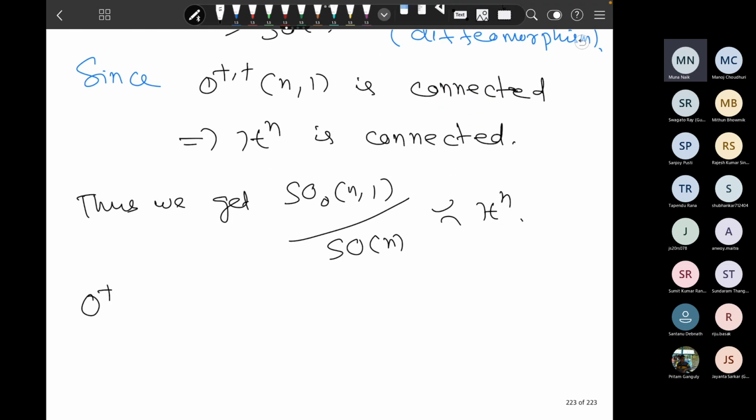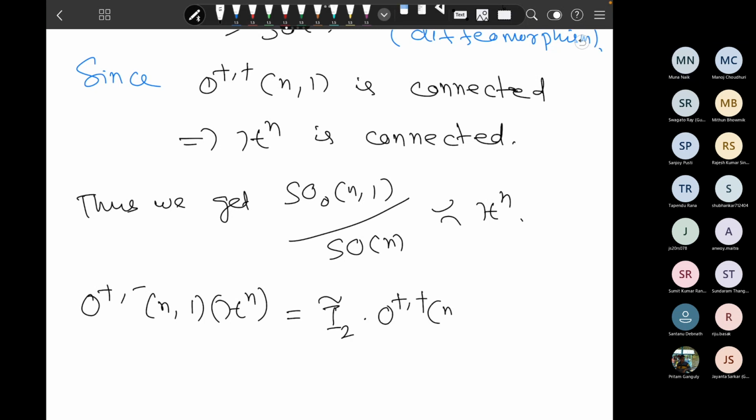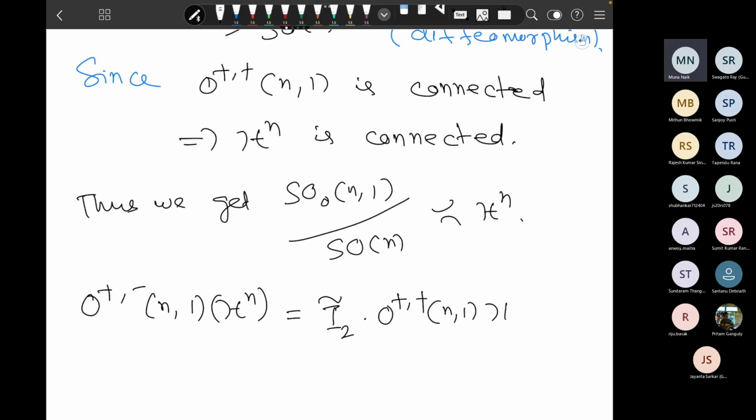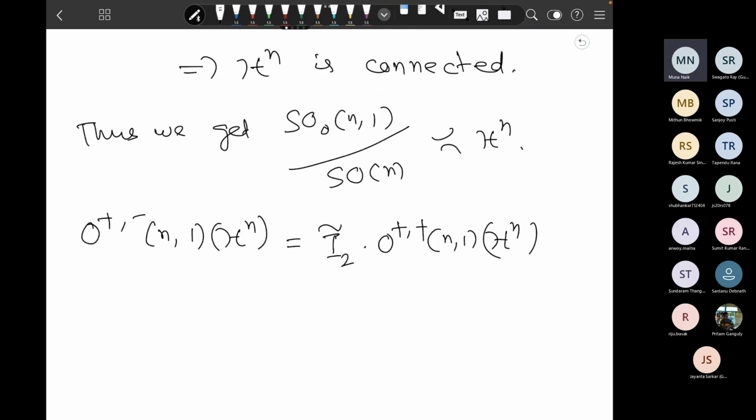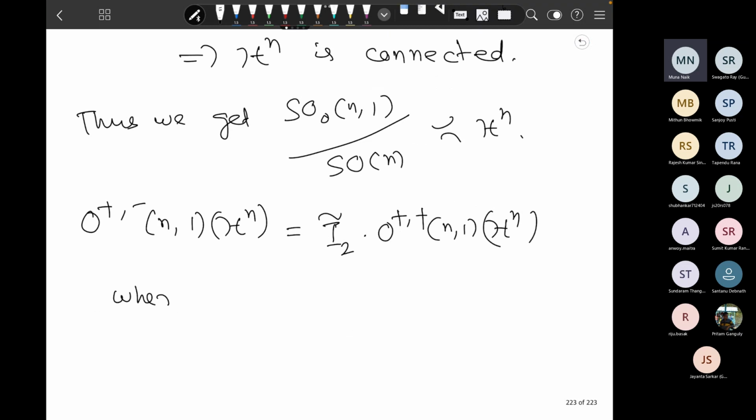Now I want to look at this O^{+-}(n,1) acting on H^n. So this is really something like I_2 tilde times O^{++}(n,1) acting on H^n, where this I_2 tilde is equal to the diagonal of something like 1, 1, 1, and the last thing is minus 1.